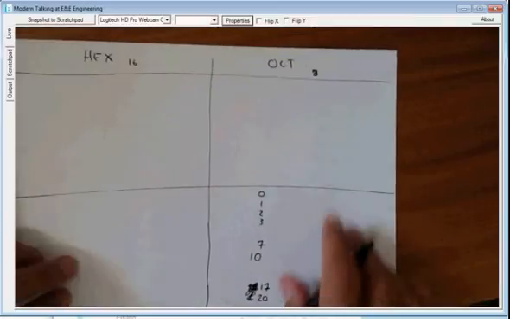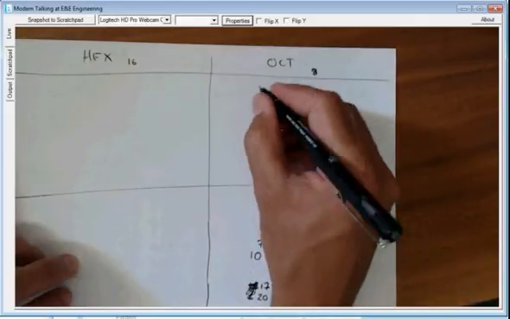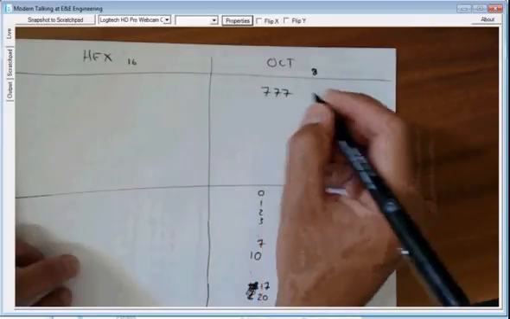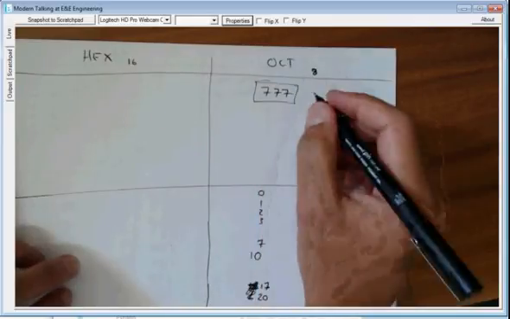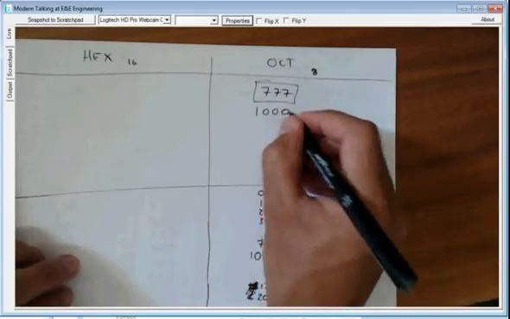Alright, so your number system, I guess I don't need to go into more detail, but obviously for 3 digits, the biggest number you can represent is 777. This is 3 digits worth of octal number. If you add 1 to it, it becomes 1, 0, 0, 0, like that.